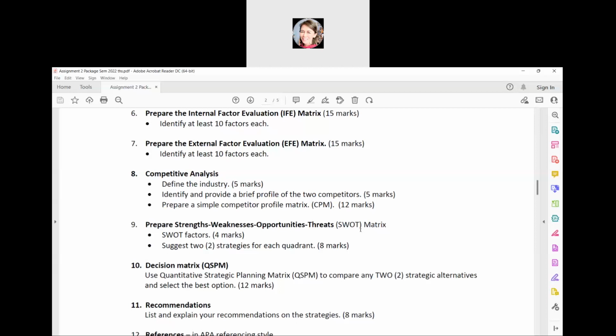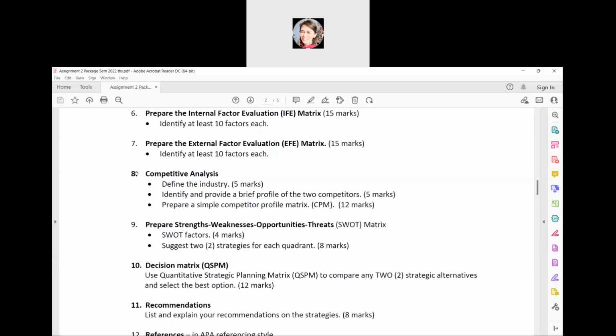Which two strategies are best to be carried forward to stage 3? So suggestion of two strategies is 8 marks, and carrying forward the SWOT factors from stage 1 is 4 marks. So for this specific requirement, the total mark is 12.